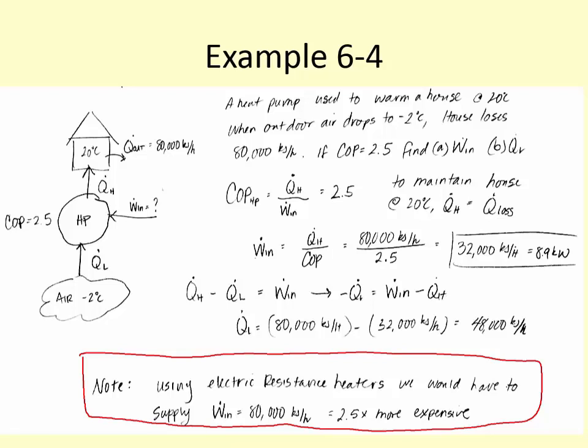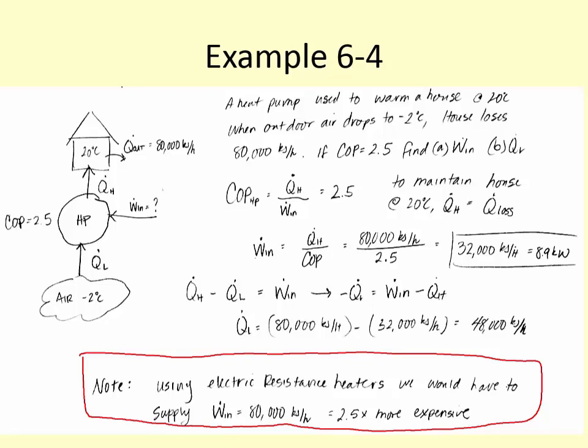So we get 80,000 kilojoules per hour minus 32,000 kilojoules per hour, which is equal to 48,000 kilojoules per hour.